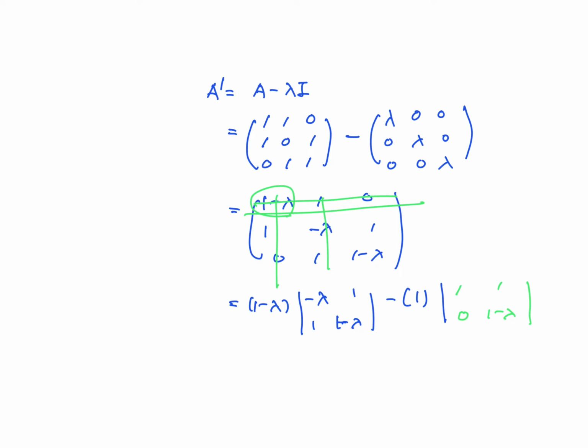So this is expansion via minors, right? M_ij. So this is 1 minus lambda times (minus lambda times (1 minus lambda) minus 1), minus (1 minus lambda).